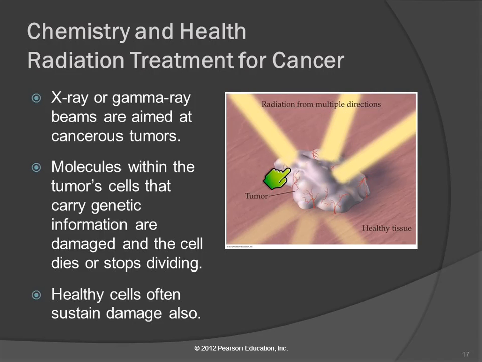The problem with using radiation in your body is that as it goes through the tissue above the tumor, it's going to damage that tissue as well. By focusing multiple beams on the tumor, you can have each beam be less intense and cause less damage to the healthy tissue, but because they're all focused on one tumor, the cumulative effect on the tumor is to kill it.